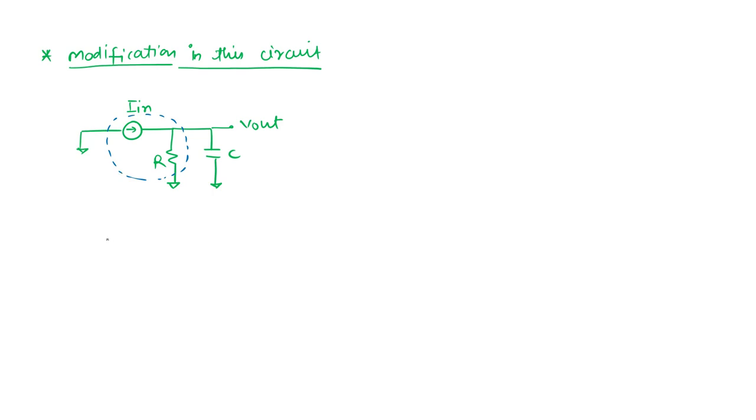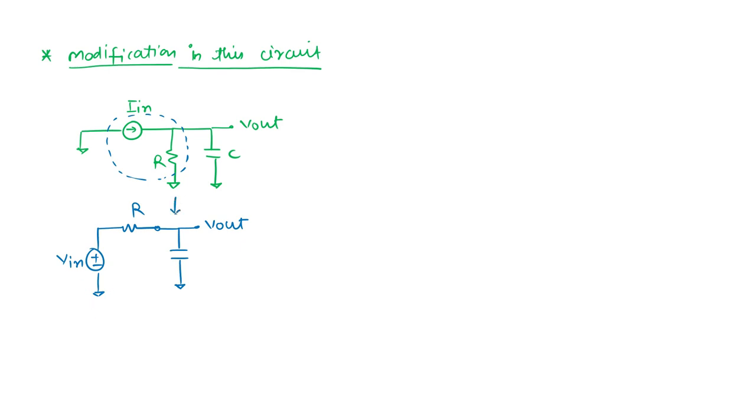If I apply a source transformation here, I can write my structure as an input voltage and some resistance, followed by the capacitor. So it is my Vout. Okay, so what is the V in here?